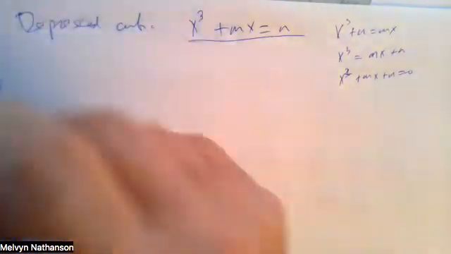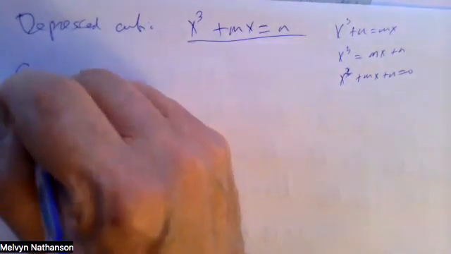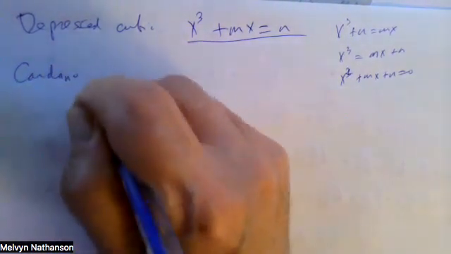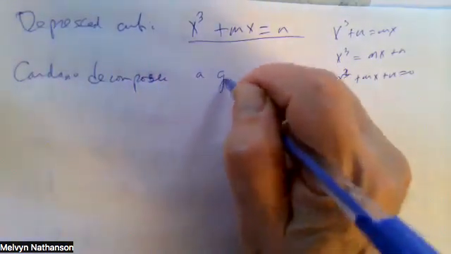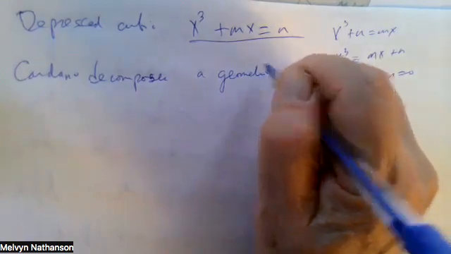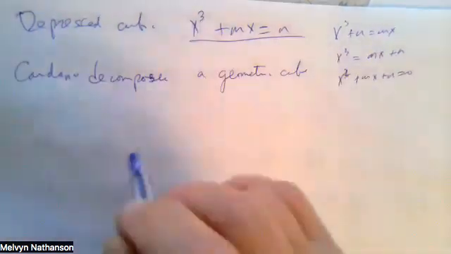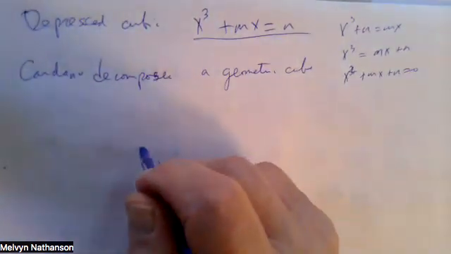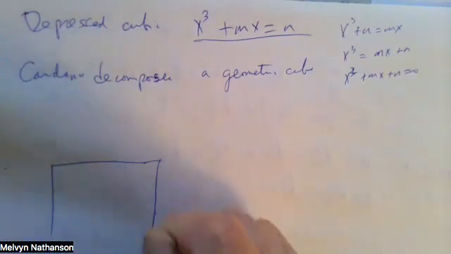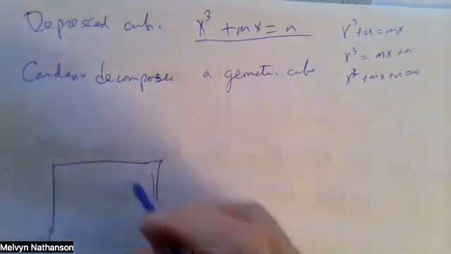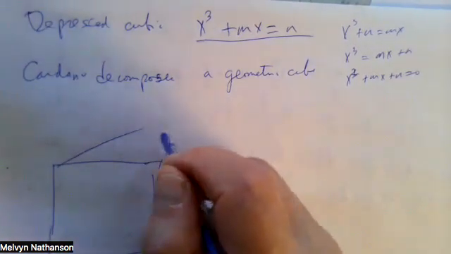So let me describe how Cardano decomposes a geometric cube. What do we mean by geometric cube? Not a cubic equation, but a cube like you draw in geometry.